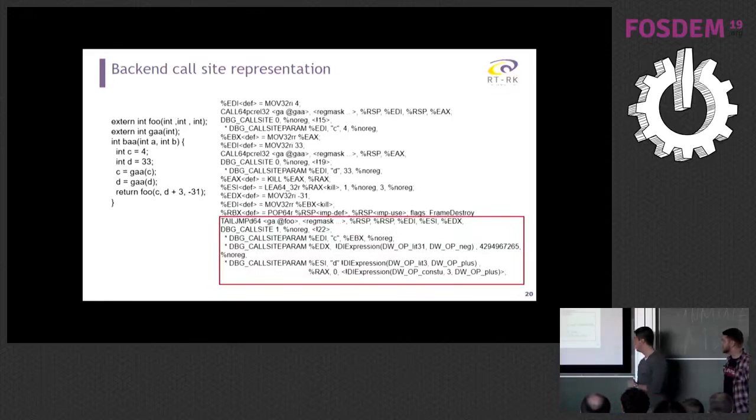Now we can see here the dbg call site param instructions are attached as a bundle to dbg call site. The first argument of dbg call site param is a register that forwards the argument to the following function call. Second is a reference to the DI call site param.